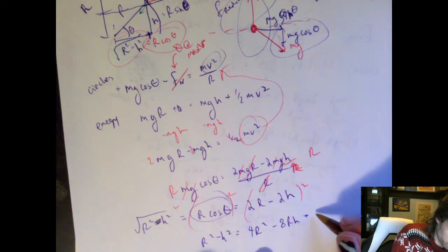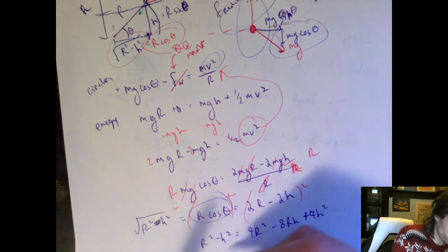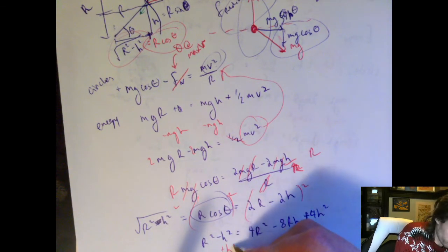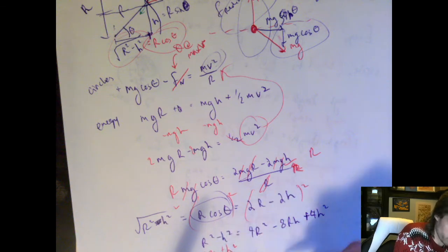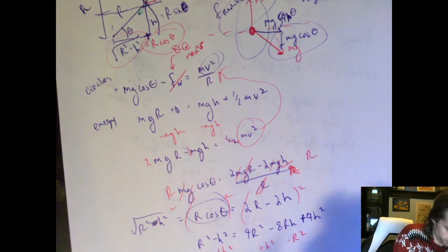plus 4h squared. Now, to solve, I'm going to have to set up a quadratic or factor. So plus h squared minus r squared on both sides, because I need that to equal 0 in order to do that.